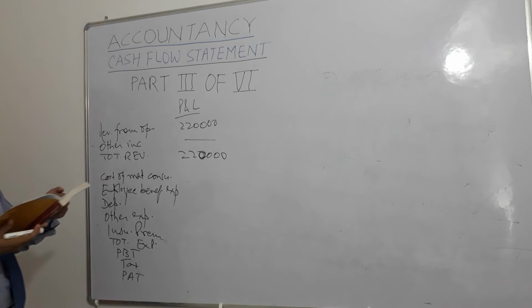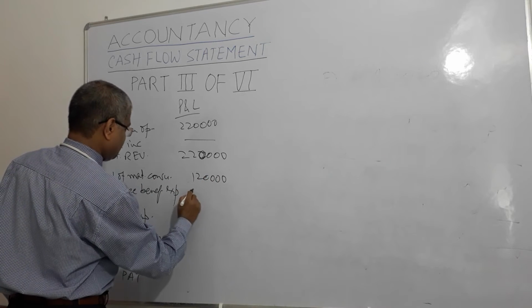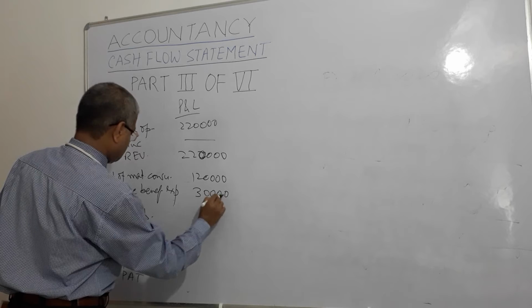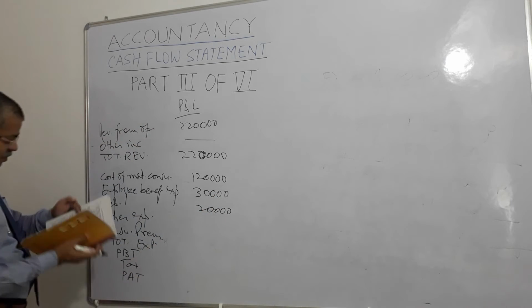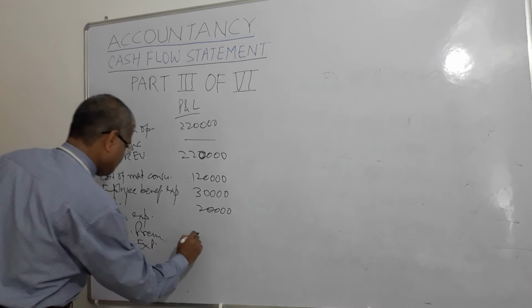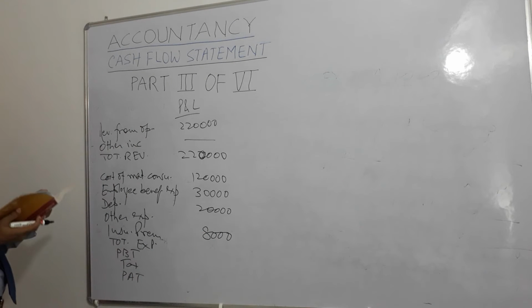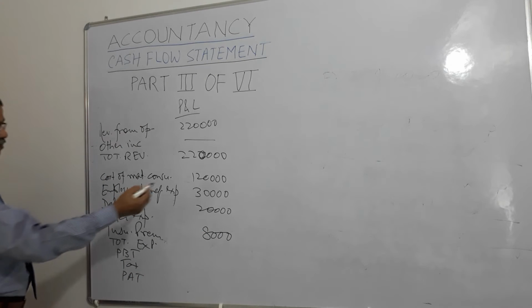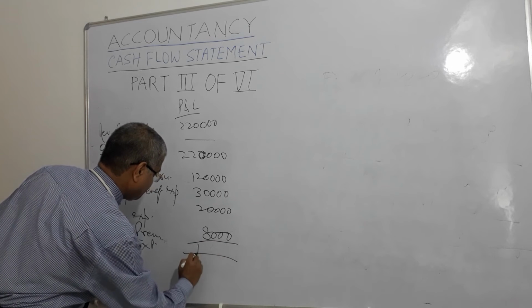Cost of material is 120,000, employee benefit expenses 30,000, depreciation is 20,000, other expense, insurance premium is 8,000, total expenses 178,000.